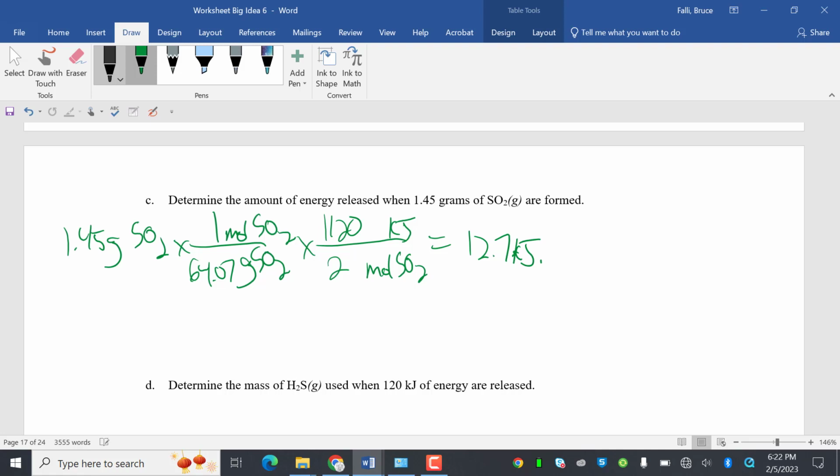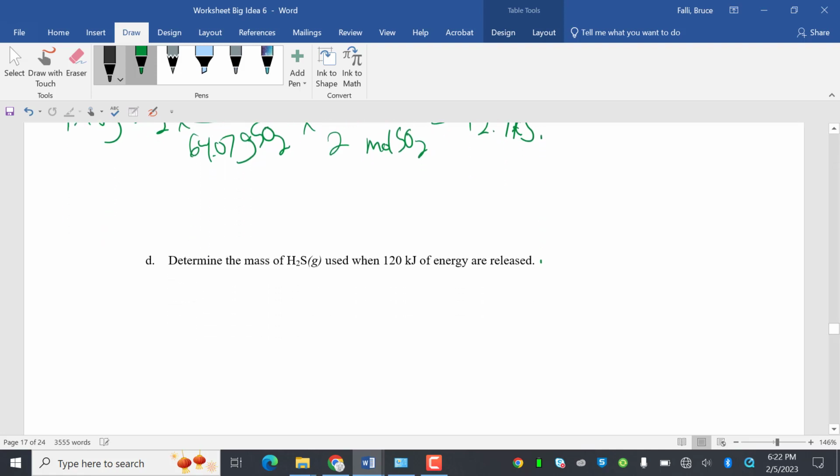Determine the mass of H2S used when 150 kilojoules are released. So 150 kilojoules, just like everything else. I'm putting kilojoules on the bottom to cancel kilojoules, moles of H2S on top, 1120. And now I've got to find the coefficient for H2S.